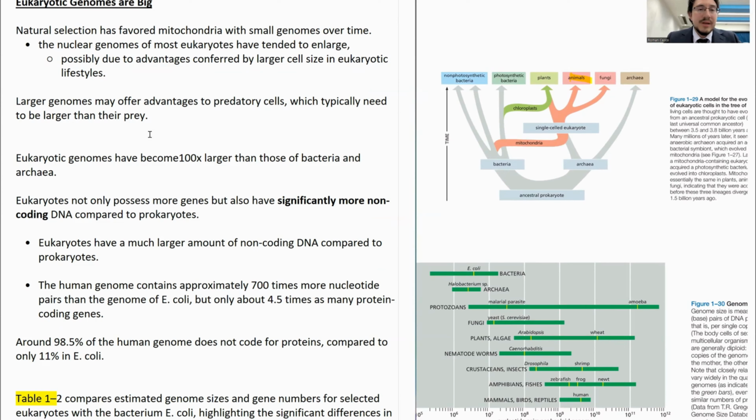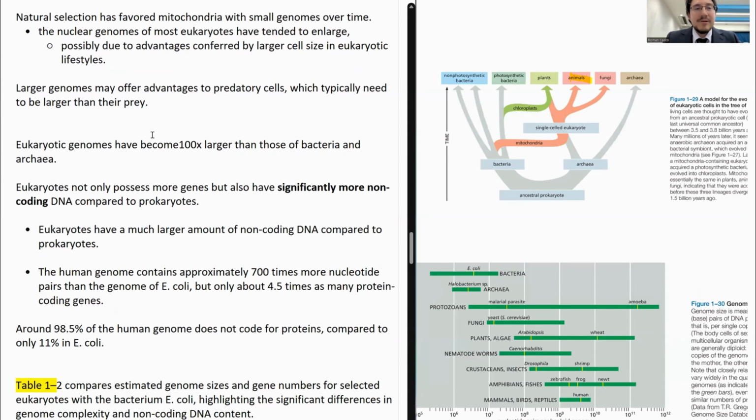Quite plainly, eukaryotic genomes are big. Over time, we've been talking about change in terms of symbiosis. Natural selection has favored mitochondria with small genomes over time; you want just the clear and concrete essential information.